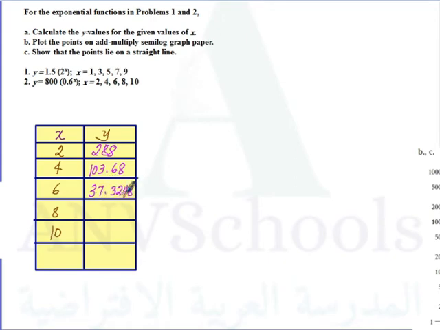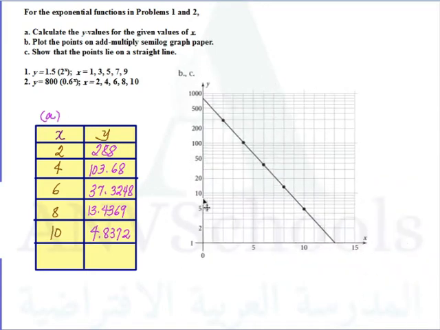My x is 8, that's 13.4369. If my x is 10, I have 4.8372. Okay, so now it's time to plot the entire points on a semilog graph paper. So this is how it will look like.